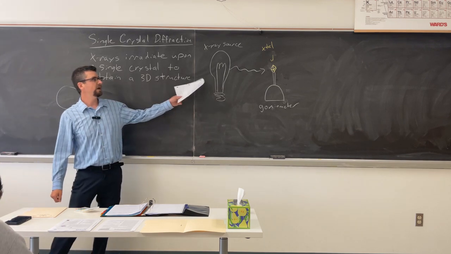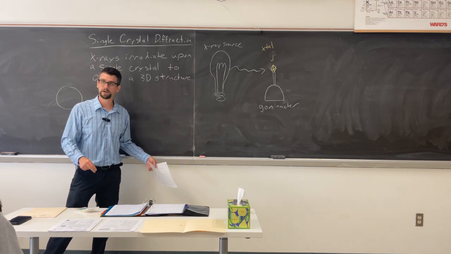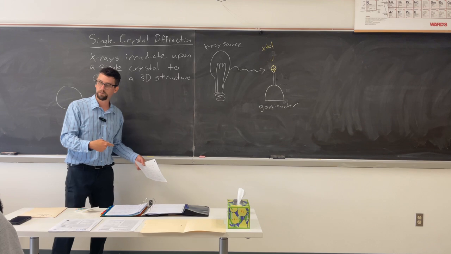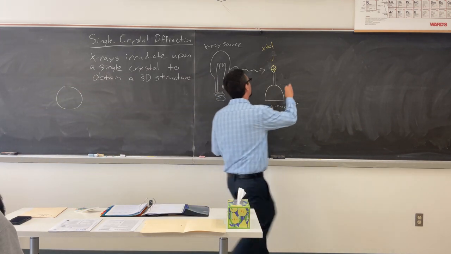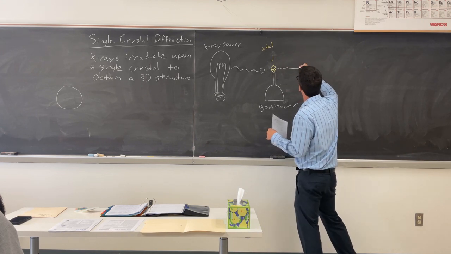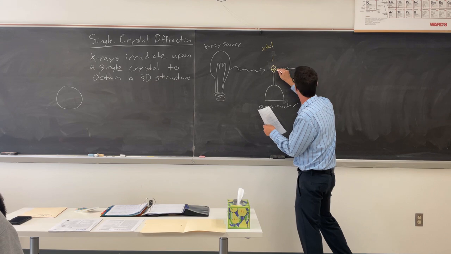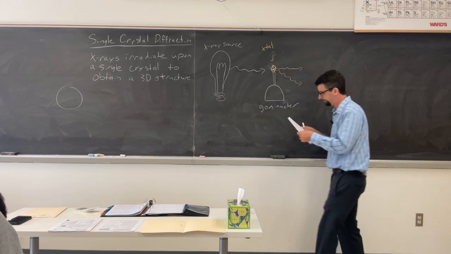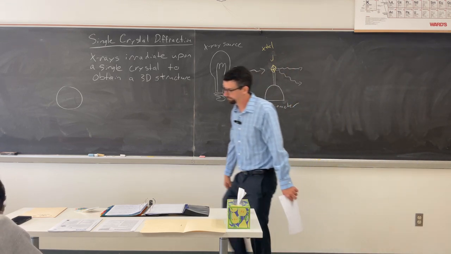There are other types of X-ray spectroscopy that you can use where you're knocking electrons out and you're measuring stuff that way, which we will talk about eventually. But in this one, it's elastic. So some X-rays are going to go through, and some are going to bounce off. Okay. Now there's an angle here.